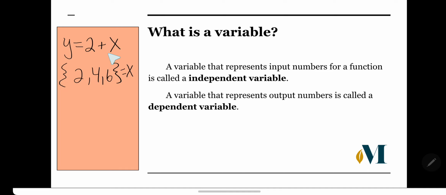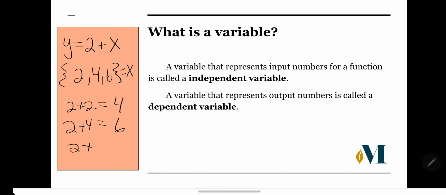So for every x that I put in, I'm going to get an output. We don't know what y would be yet, but we know our independent variable values are 2, 4, and 6. If I input 2, 2 plus 2 gives us 4. If I have 2 plus 4, that gives me 6.